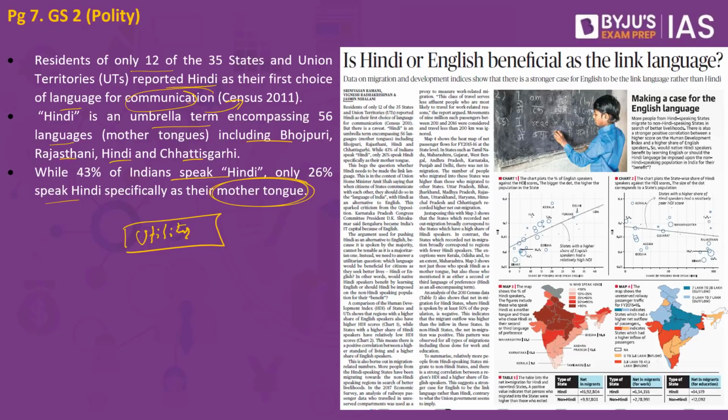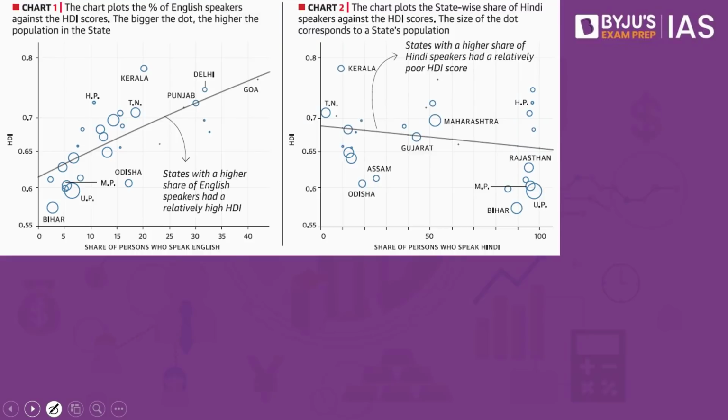It should be happening on the basis of utility of the language and not because the majority of the people are speaking it. In order to substantiate it, the author brings into picture another set of statistics. The author says in all those states where English is being used as a language, where most of the people are able to speak English either as a second language, third language, or first language, in those states the Human Development Index is comparatively better.